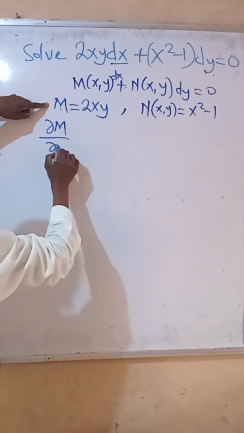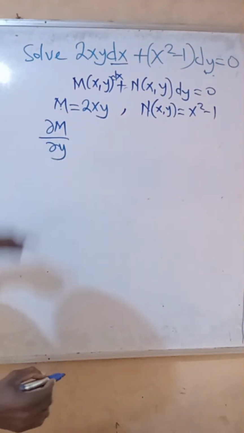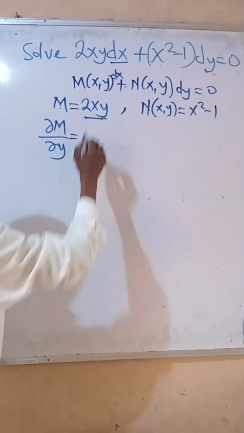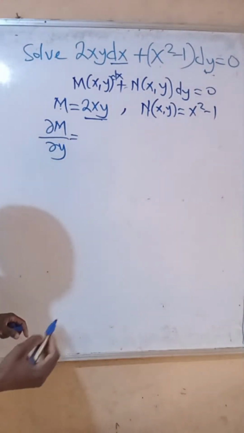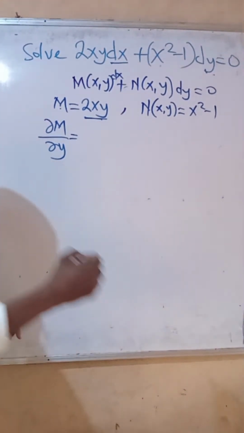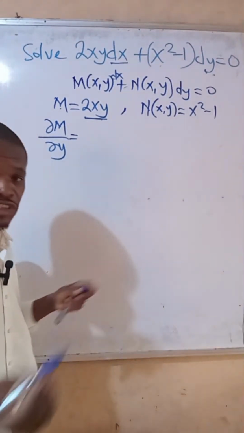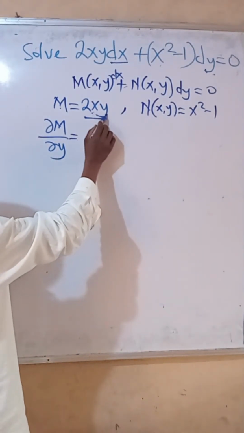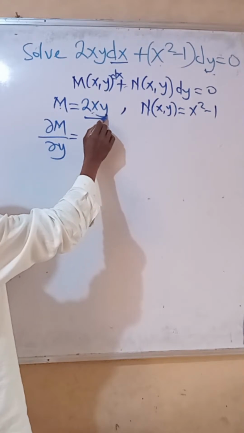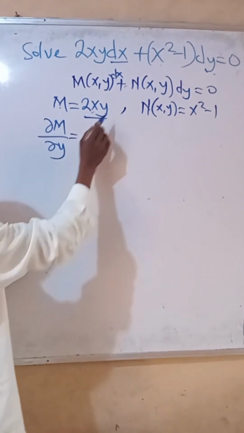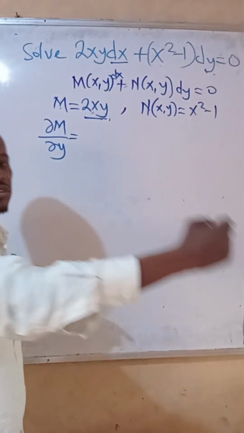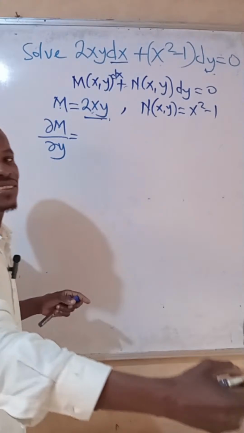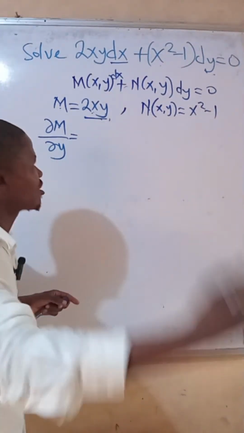That's del m del y. And this m is a function of two variables. In partial differentiation, when you have two variables, you differentiate with respect to one, and the other variable is kept as a constant.